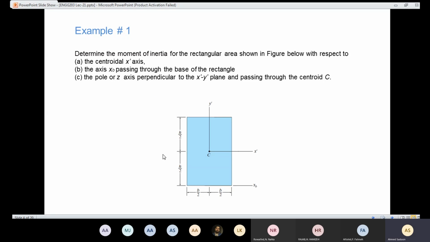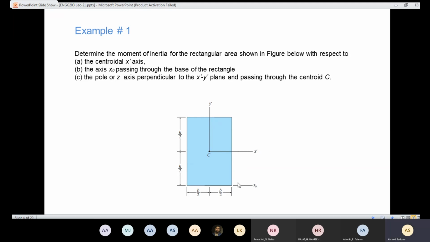We call this the centroidal axis because that axis passes through the centroid of the area. So first, I need to determine the moment of inertia about x hat. Then we need to determine the moment of inertia about the x b axis. So here we have an axis which is parallel to that axis.